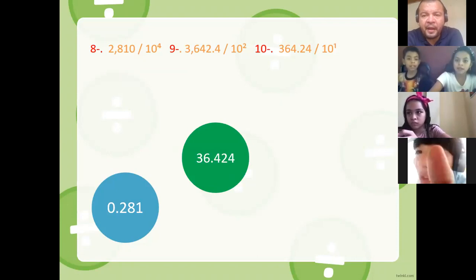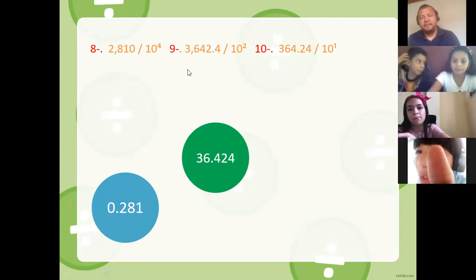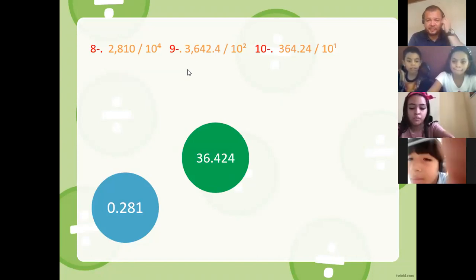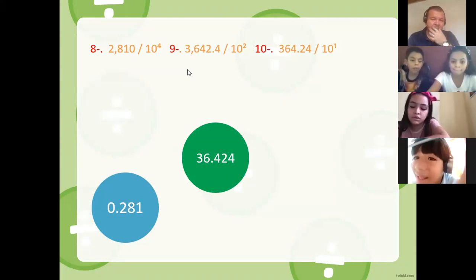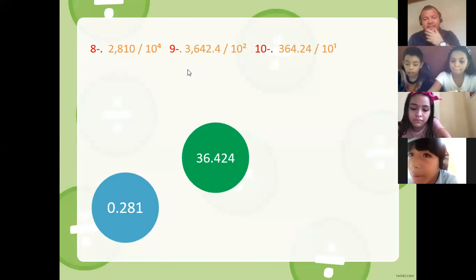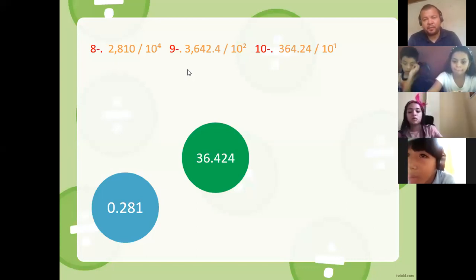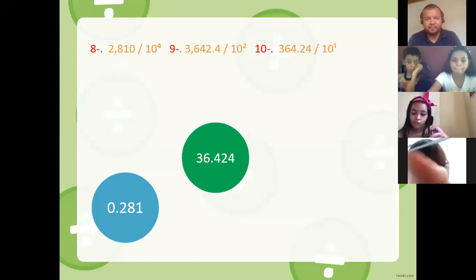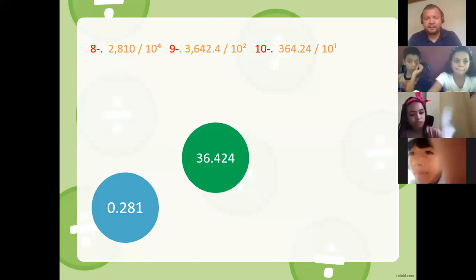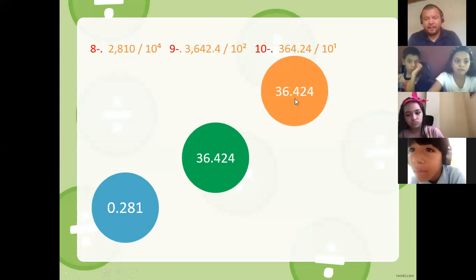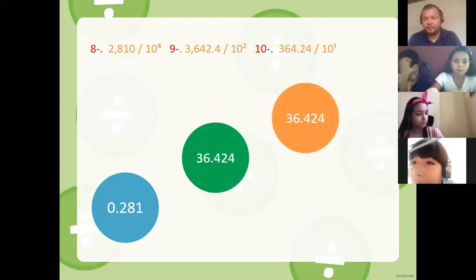And the number 10, we have 364.24 divided by 10 exponent 1. And the answer is? Let's see the answer. 36.424.